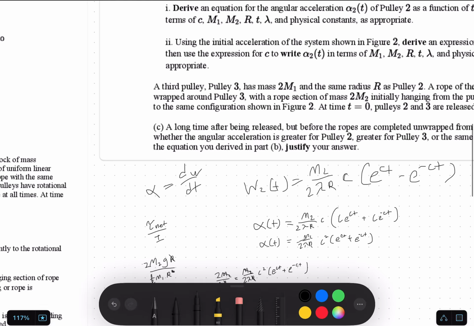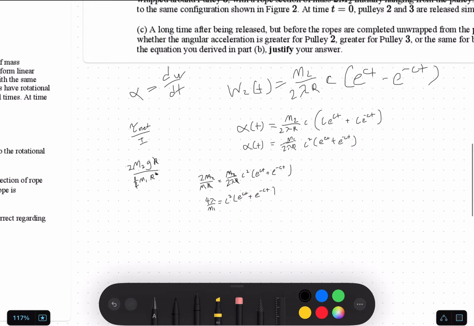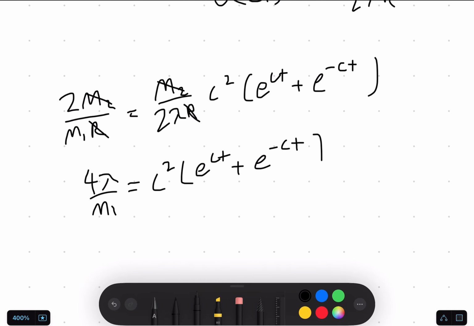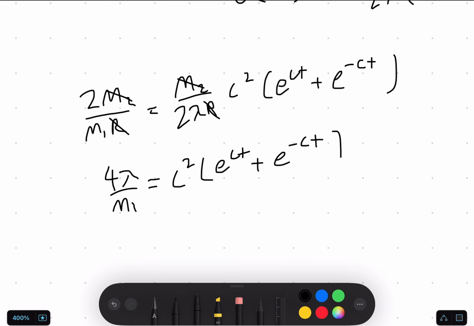Missing something? Oh, at time equal to 0. Oh, whoops. Plugging in 0, e to the 0 is just 1. Same thing with e to the negative ct.